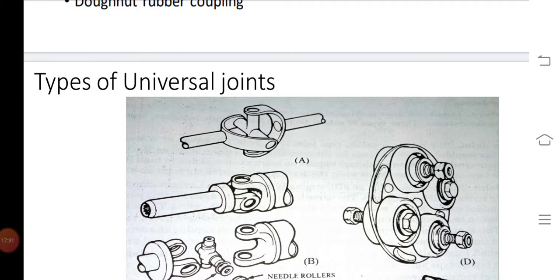The universal joints have movement only in the vertical plane when used for the longitudinally mounted propeller shaft and transverse rear mounted drive shaft. That is also one kind of advantage of using universal joints.